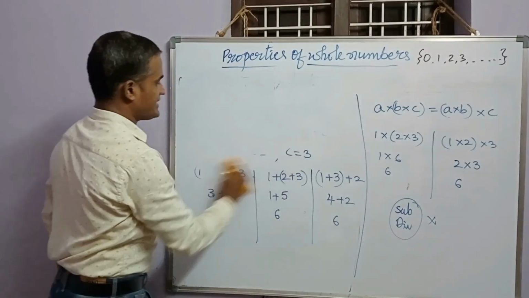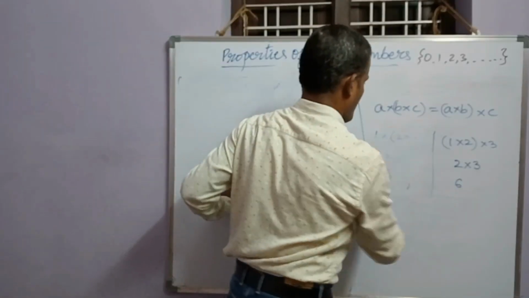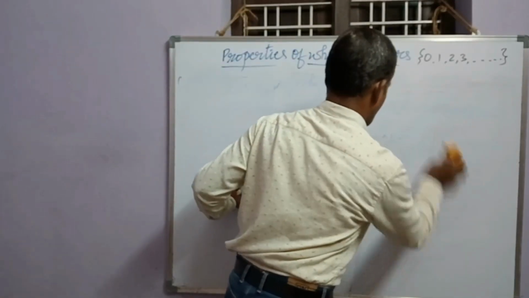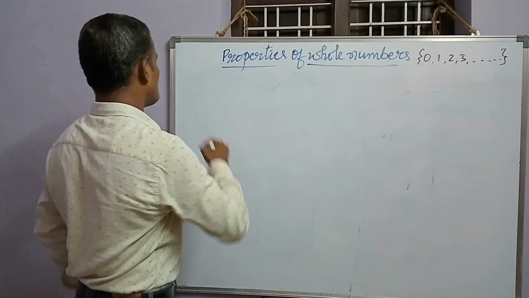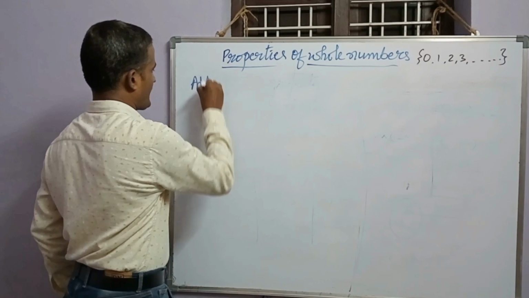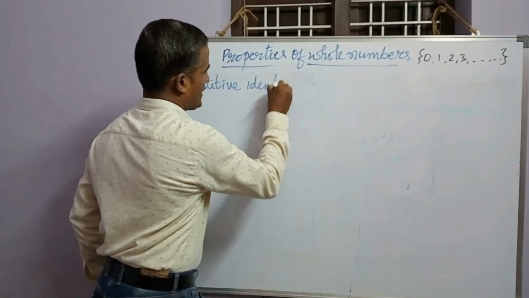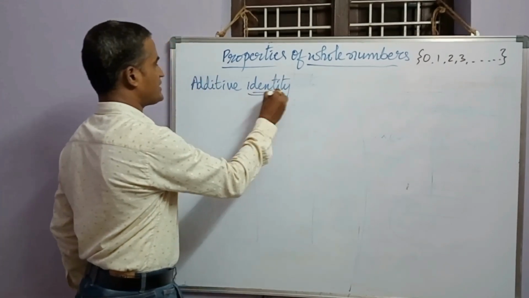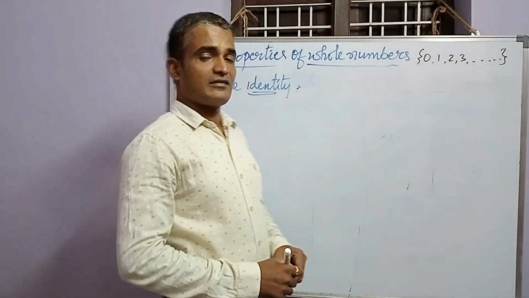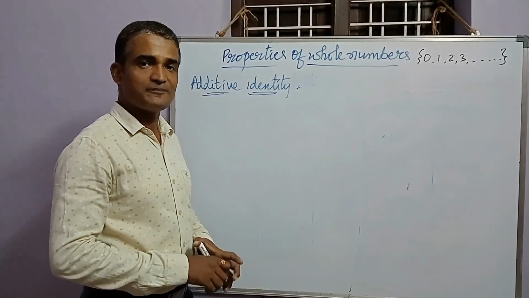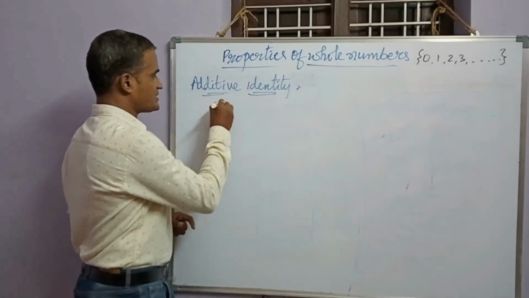Now we'll discuss one more property, the additive identity. Which number is called the additive identity, do you know? 0. Zero is called the additive identity.